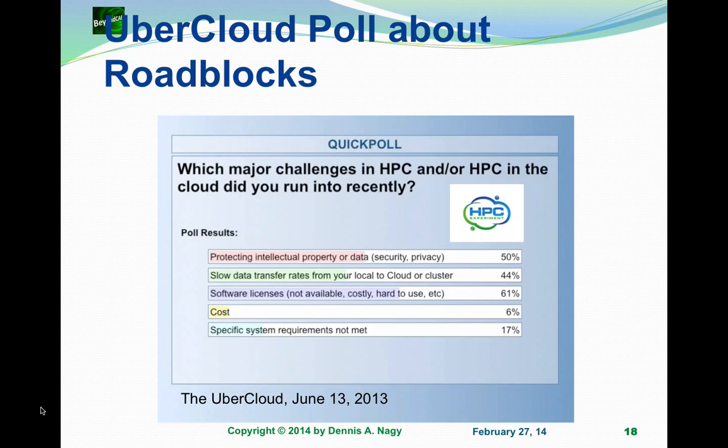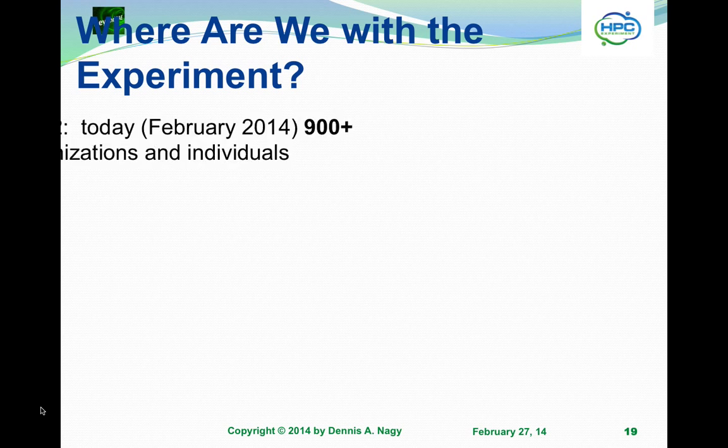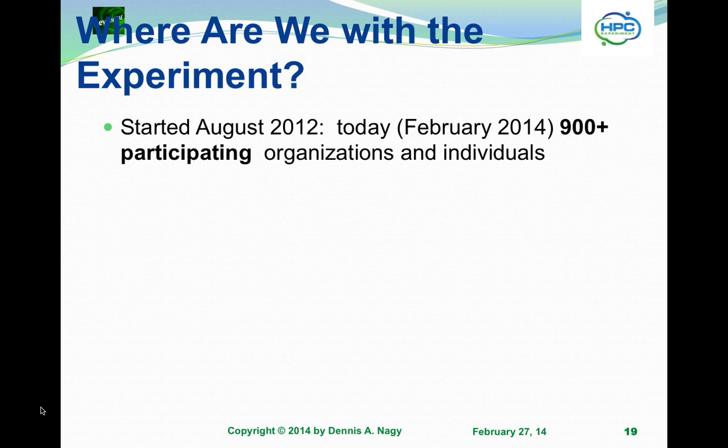The HPC Experiment started now about a year and a half ago. There are probably even more than 900 participants by now. It grows daily as companies sign up. It tells me I've just used up all my time here, but I'm almost done. There are participants from at least 48 different companies.